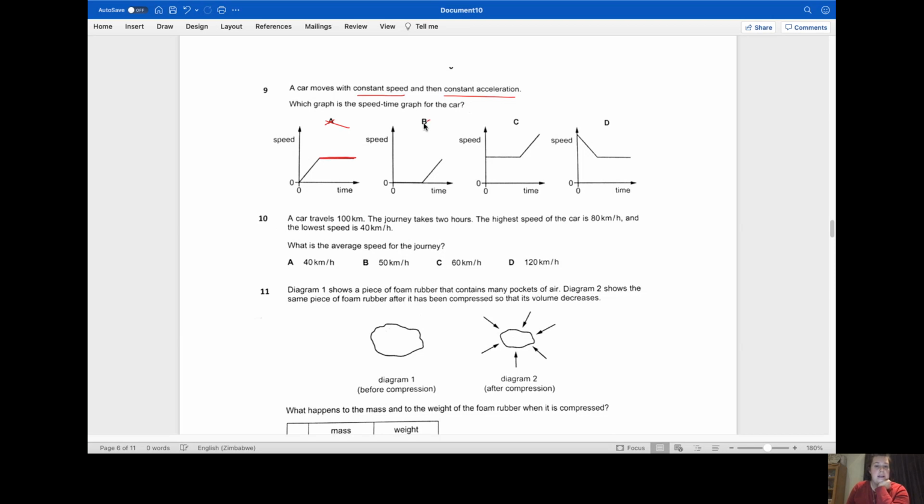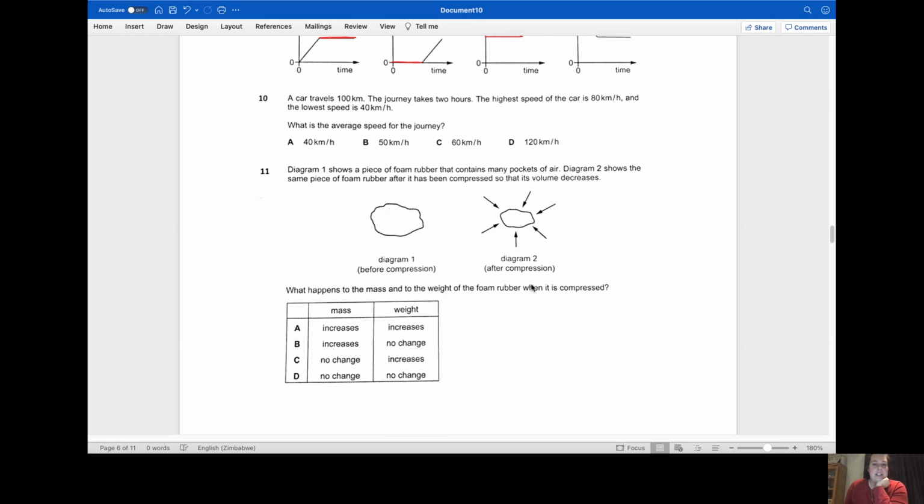It's not B because this is 0, so it's not even moving. C, we have a straight line, constant speed, and then we have constant acceleration. It's definitely not D. We've got deceleration and then a constant speed. So constant speed, constant acceleration.